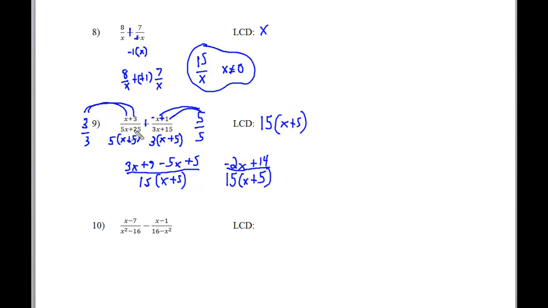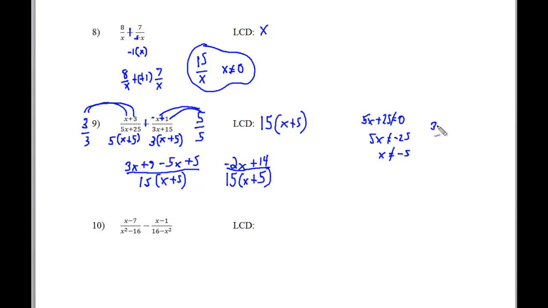Now, finding our excluded values, you'll notice that if I set my 5x plus 25 equal to 0, and move that over, I get 5x is equal to negative 25, divide both sides by 5, x is equal to negative 5. So that's one of my excluded values. Now watch what happens as I do the next one.